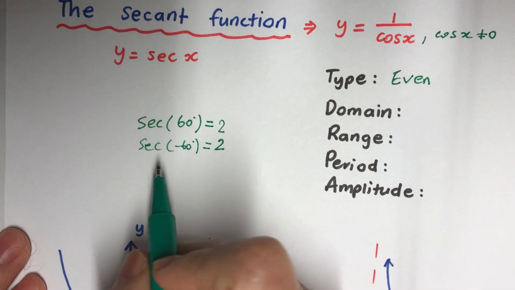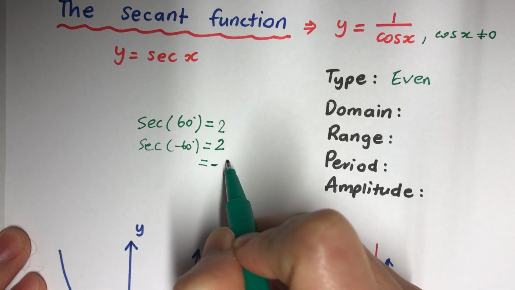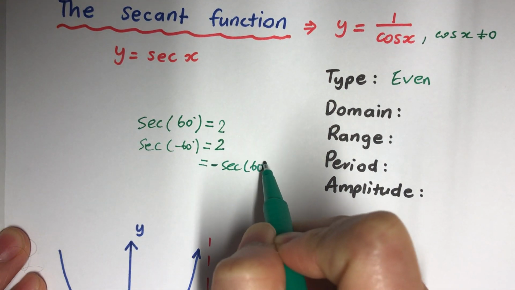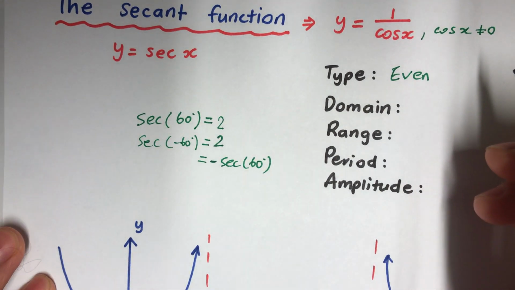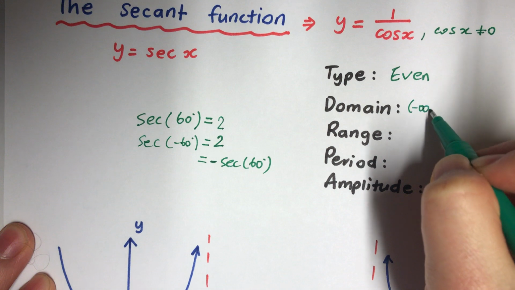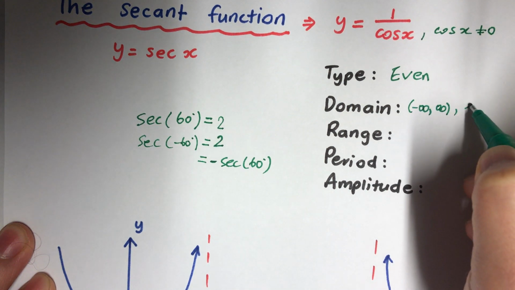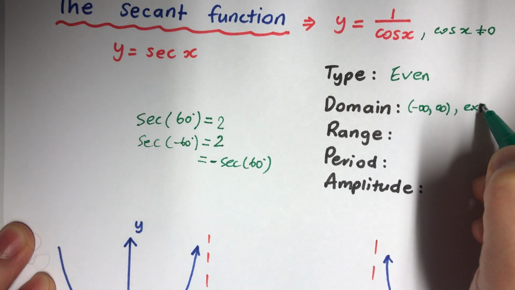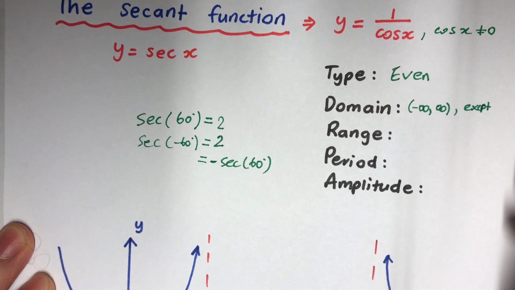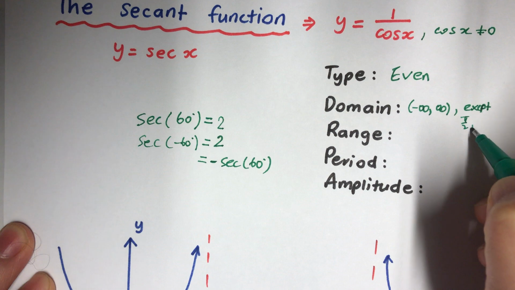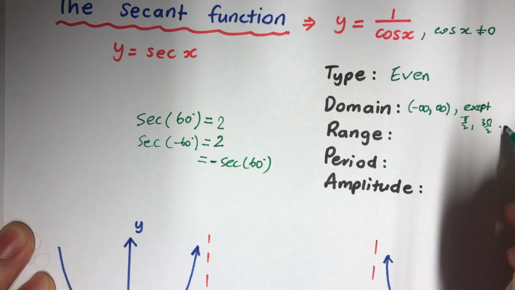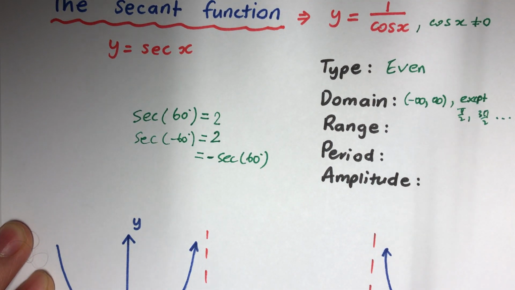So even. Why? Because sec of negative 60 degrees looks like sec 60. And the domain, of course, will be negative infinity to infinity, except when x equals pi over 2, 3 pi over 2, and so on, because that's where the asymptotes are.